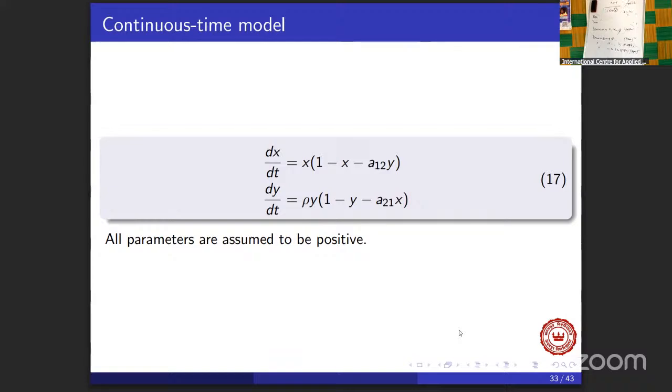This is the continuous model. Here, x and y are both the same population level, both have a carrying capacity, and we get the following system, dx/dt equal to this one. Here the parameters a12 and a21 are the competition coefficients.